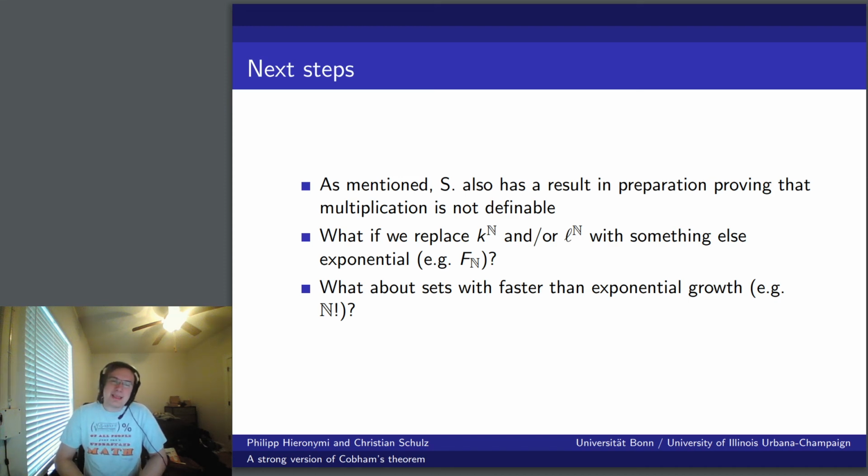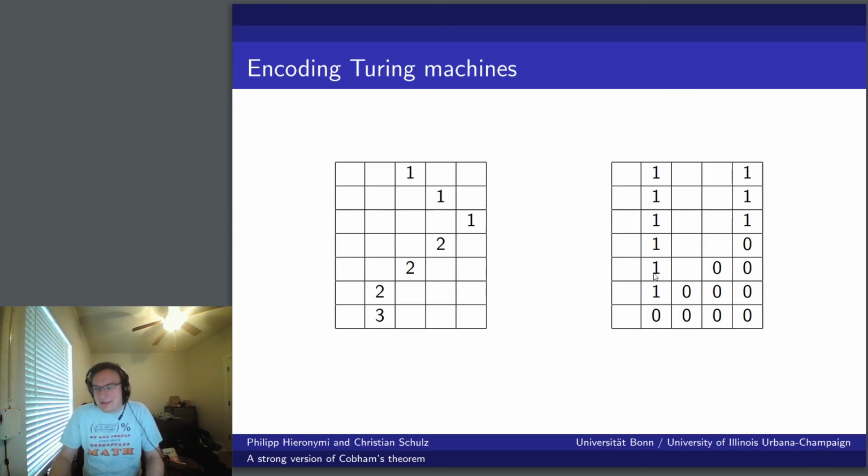An interesting thing that I think would be good to explore in the future: we've proven this result for k to the n and l to the n, but if you look at the proof, it does rely on the fact that these are actually sets of powers. Let me give you an example of why. We want to be able to move from one column to the next column over. We want to be able to say this column is to the right of this column.